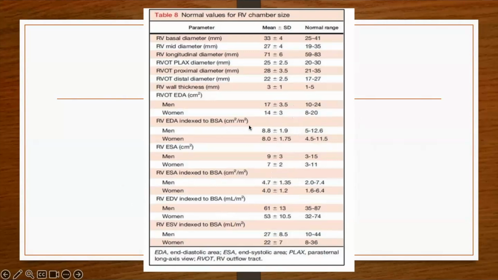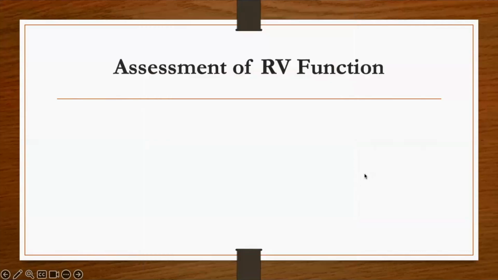So there is some limitation, but if it is a patient that is somewhat outside of the norms of the body surface area, you can use this to try to get a more normalized number, and hopefully that will be more representative of their true RV size. So moving from there, there are again various ways that the guidelines suggest for assessment of the RV function.